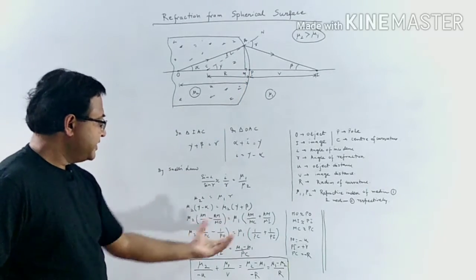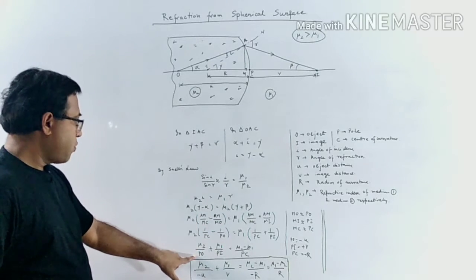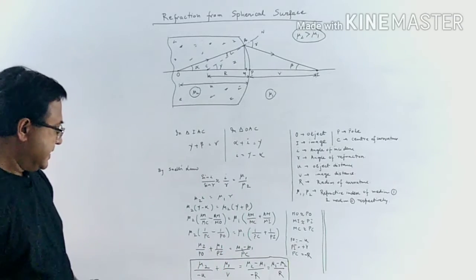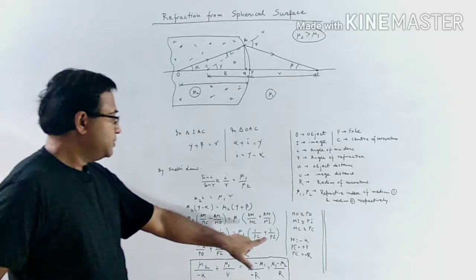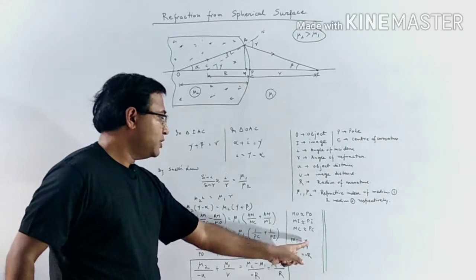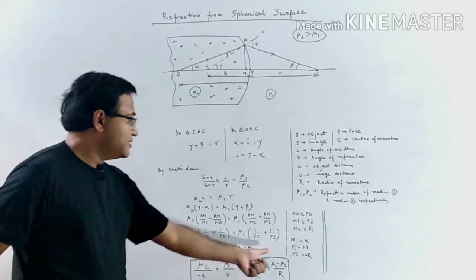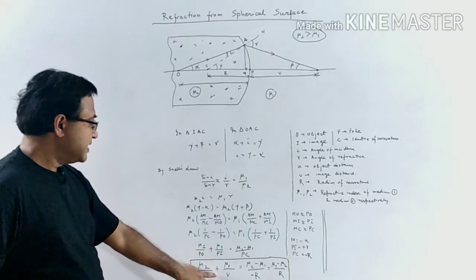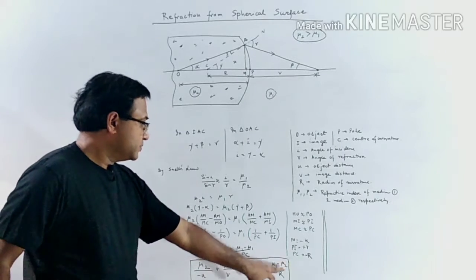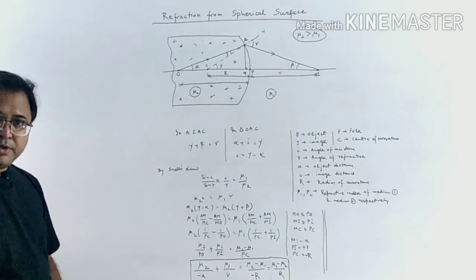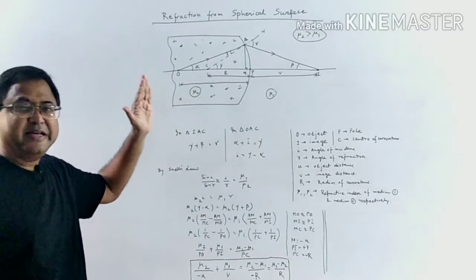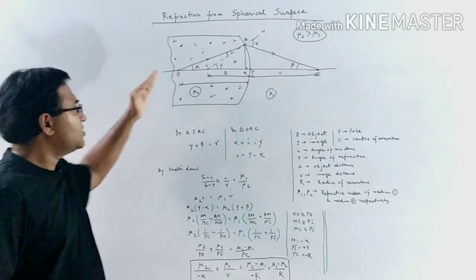By rearranging we get mu2 by PO plus mu1 by PI is equal to mu2 minus mu1 by PC. Now putting the values, PO is minus U, PI is plus V and PC is minus R. Putting all the sign conventions, we get this relation: mu2 by minus U plus mu1 by V is equal to mu2 minus mu1 by minus R. So this becomes mu1 minus mu2 by R. This is the relation for the case where the object is in the denser medium and light is going from denser to rarer medium.